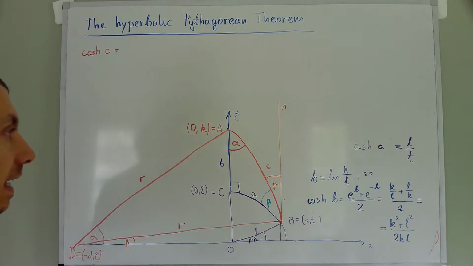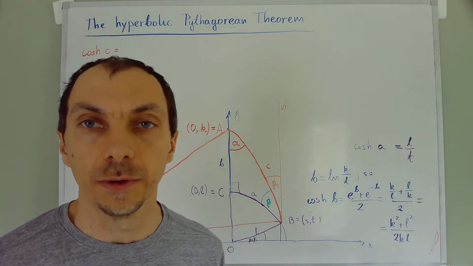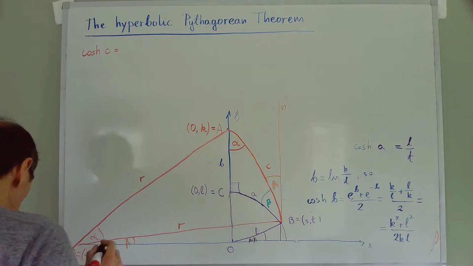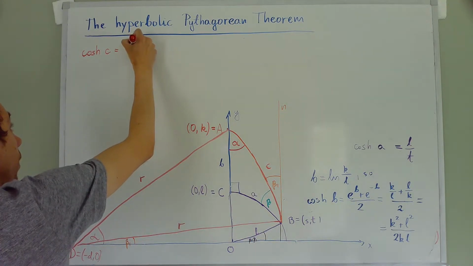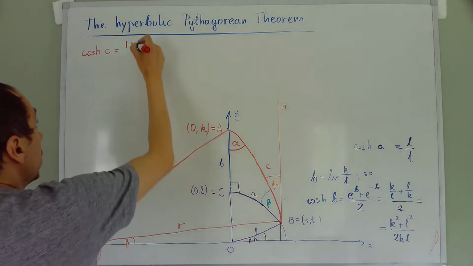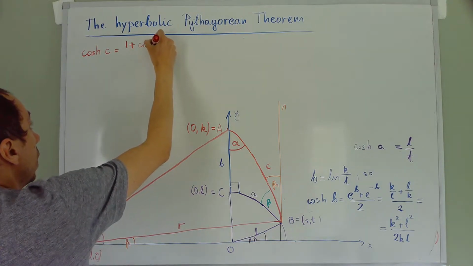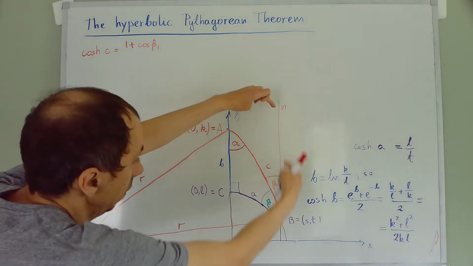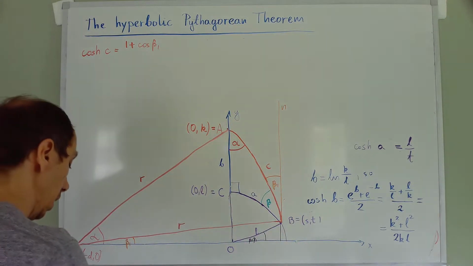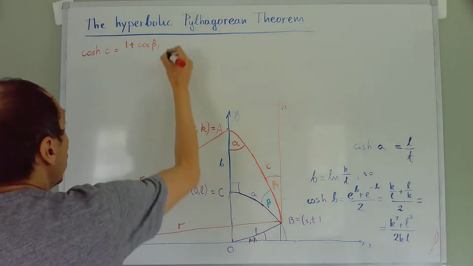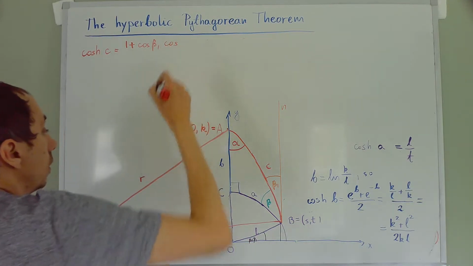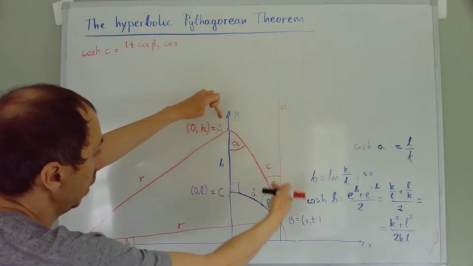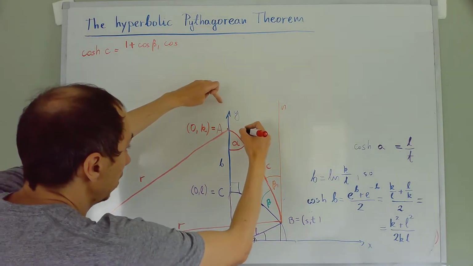What is this? Again, I am using this formula from last lecture. So that's 1 plus cosine beta 1, again the angle between the geodesic and the vertical geodesic, times, and now what about the other one? Where does this other geodesic intersect the y-axis? It intersects it here.